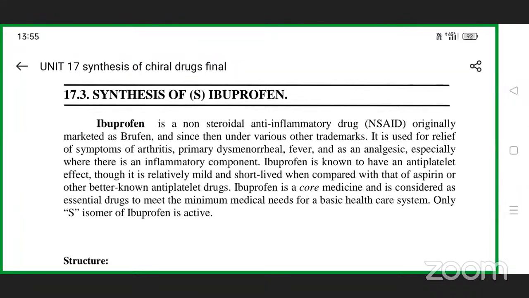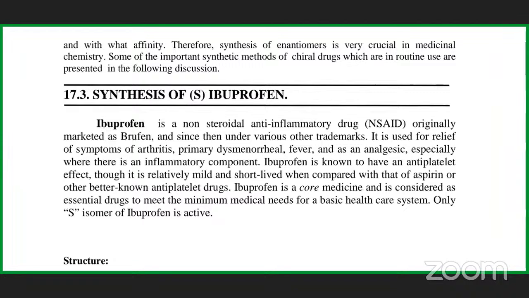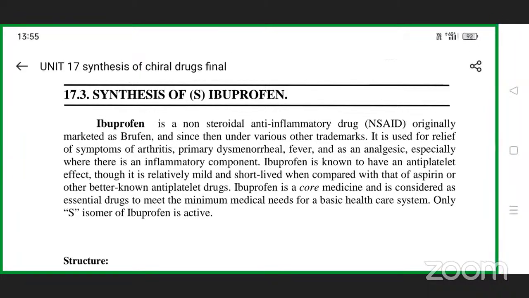Among these two, R-ibuprofen has less activity, or is generally an inactive compound. It won't carry any biological or pharmacological activity. S-ibuprofen has the biological and pharmacological activity, meaning it acts as the drug, and R-ibuprofen is inactive.